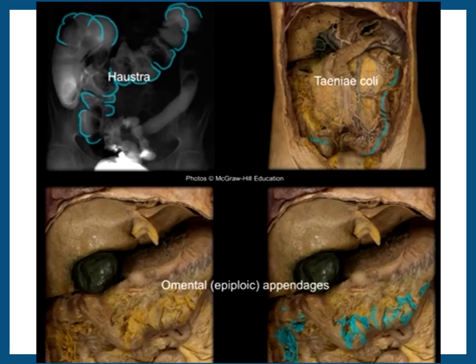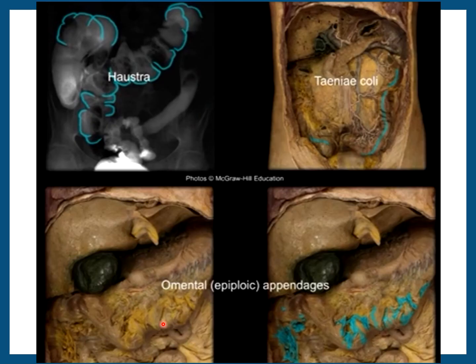And so in this picture, you can really see those haustra very, very nicely. And you can see that teniae coli, longitudinal muscle there. And then what you're looking at here are omental appendages, because the large intestines are connected to the greater omentum. And remember that the greater omentum is really, really fatty.